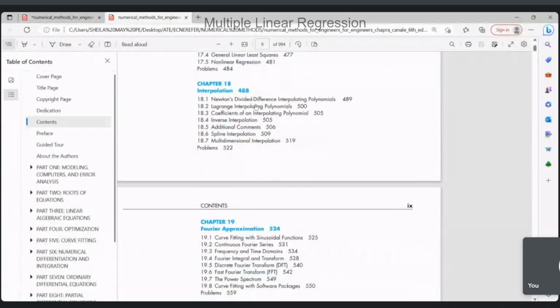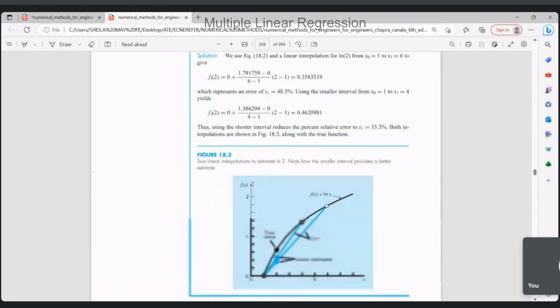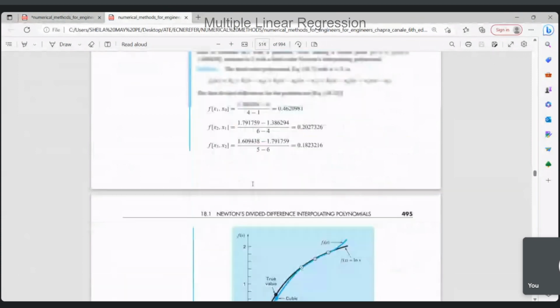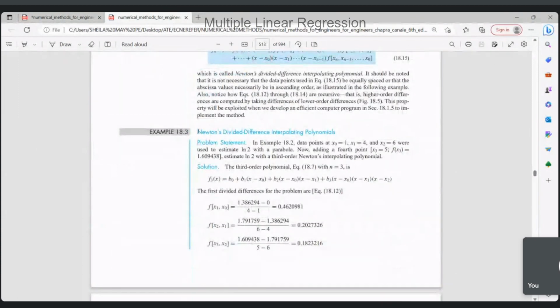Now for the interpolation, kani sa Newton's mao ni siya si linear o si quadratic kani. The next is that Lagrange. And then inverse. Let me see if maapil na nako siya. Wa pa tamo human ani.